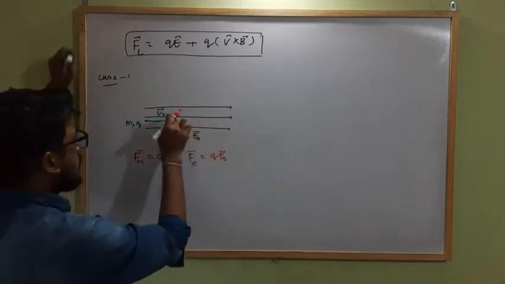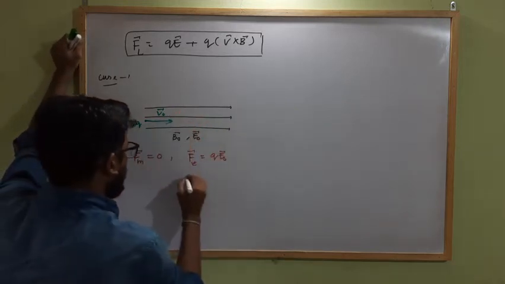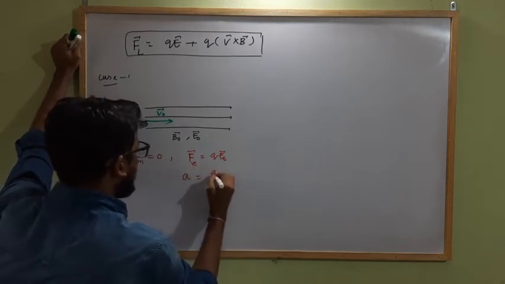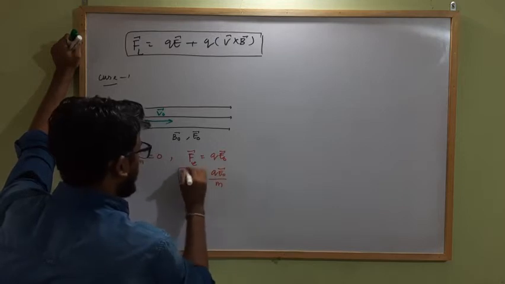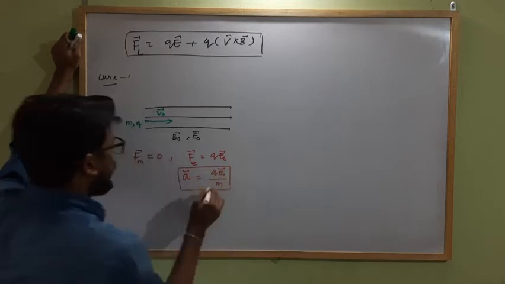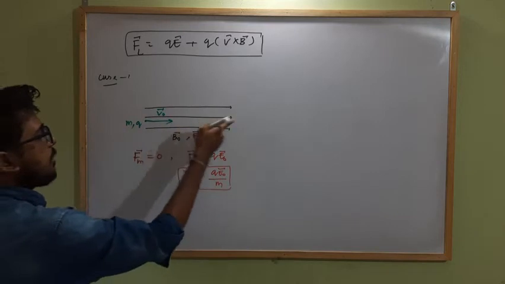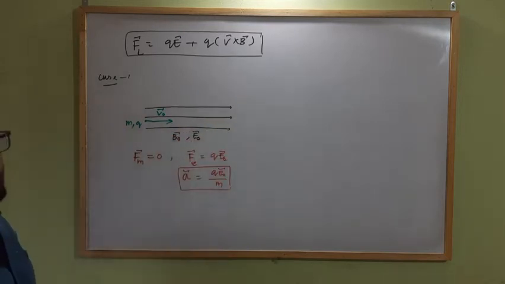So what is the acceleration of this particle? a will be q E naught by m. This is the acceleration of the particle due to which it gets accelerated along the direction of the electric field. Clear?